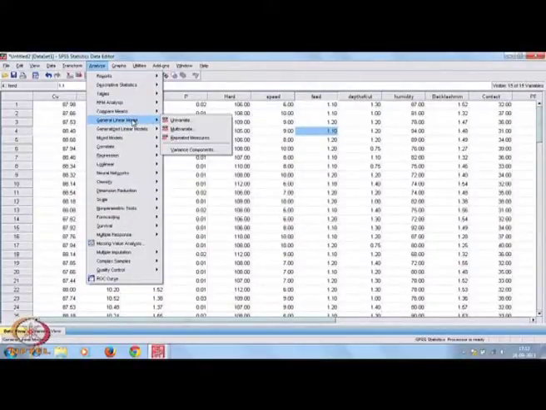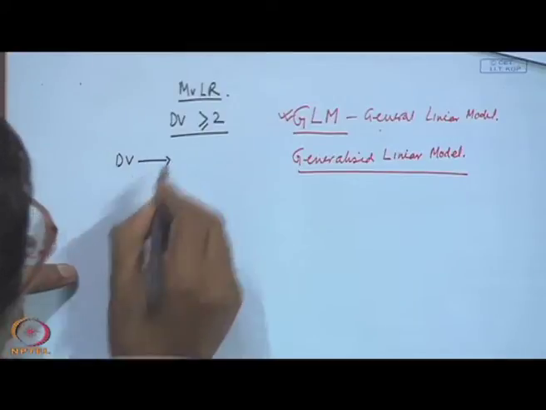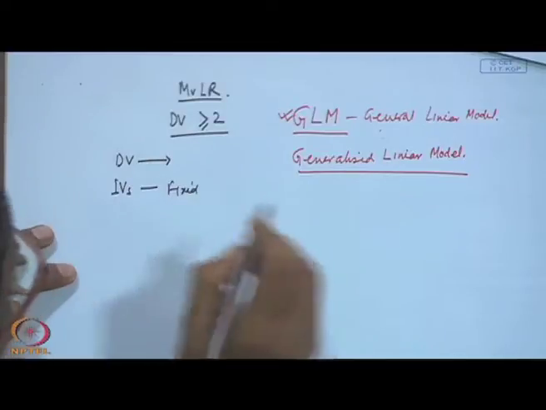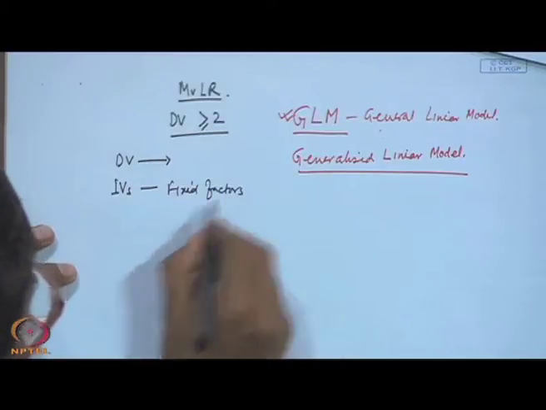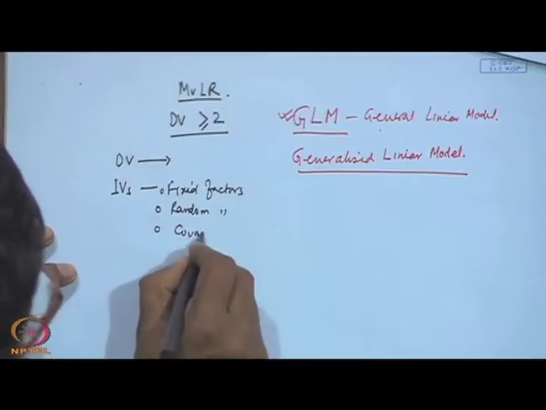For example, let us first do this General Linear Model univariate case. When you say univariate, the dependent variable will be 1. Under this there are fixed factors, random factors and covariates. Getting me? So, three things are there. One is the dependent variable. Then on the independent side, you have fixed factors, random factors and covariates.